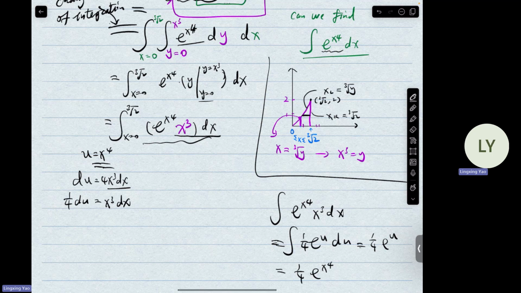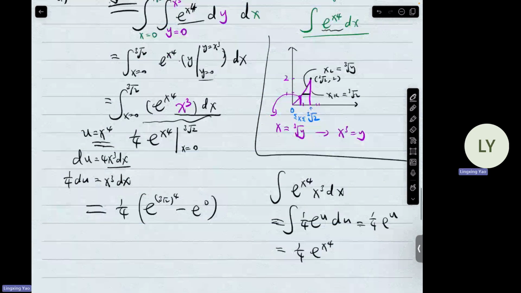So we have 1 over 4 e to the x to the 4, evaluated at x from 0 to cubic root of 2. So we get 1 over 4 times e to the cubic root of 2 to the 4 minus e to the 0.